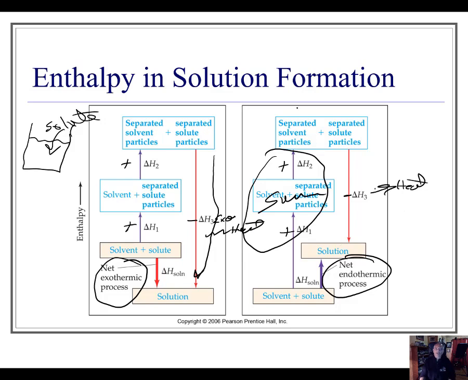Hopefully that makes sense. So this would be net endothermic, where the sum of the heat needed for breaking up the solute and solvent particles is greater than the amount of heat that gets released. This would be a net exothermic process because the amount of heat required to break up solute and solvent is less than the amount of heat released from solute-solvent interactions, bond formation.